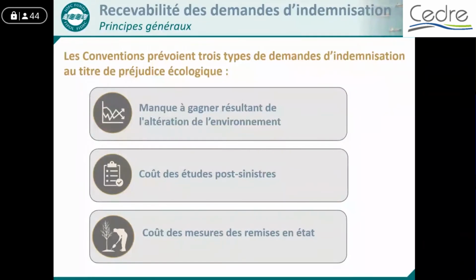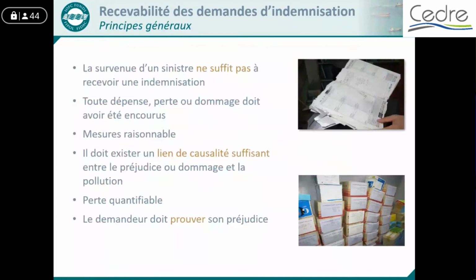Now, sometimes these are to be paid directly because it's very clear what has to be done physically to reinstate the environment. So one is more economic, and the other two are more aimed at providing the best possible reinstatement of the environment.